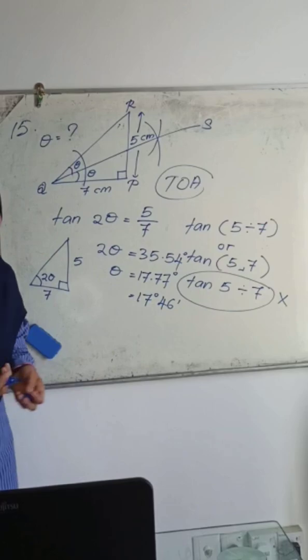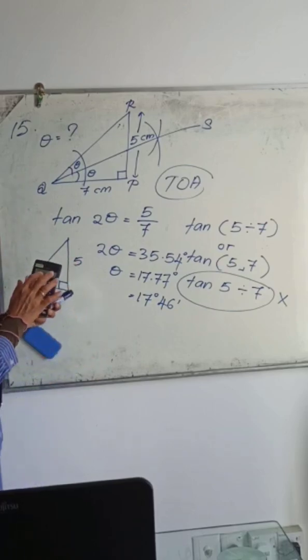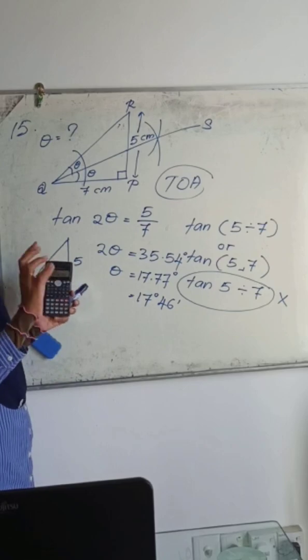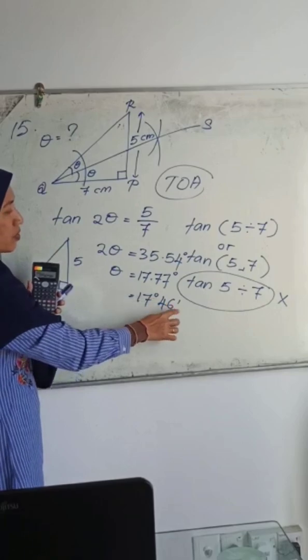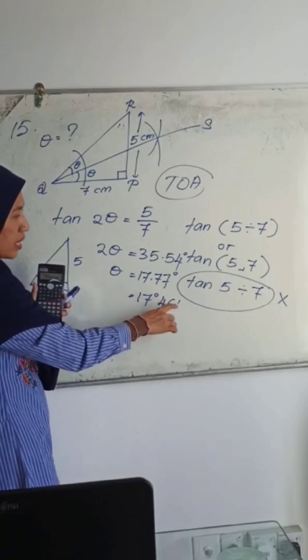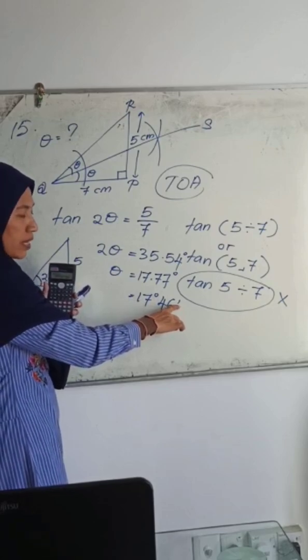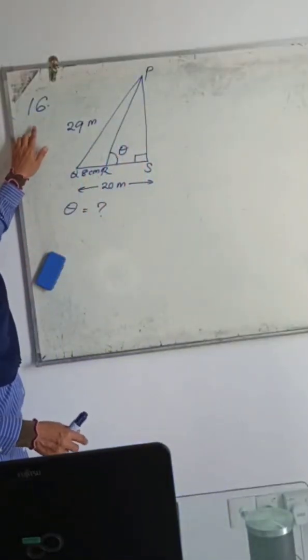The seconds is 7.82, so no need to round up. So 17 degrees 46 minutes. The symbol for degrees is like this, and the symbol for minutes is like this. Please be careful.